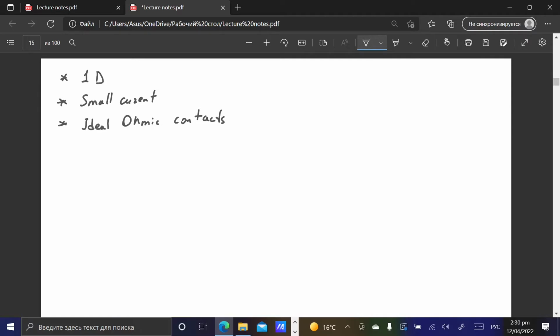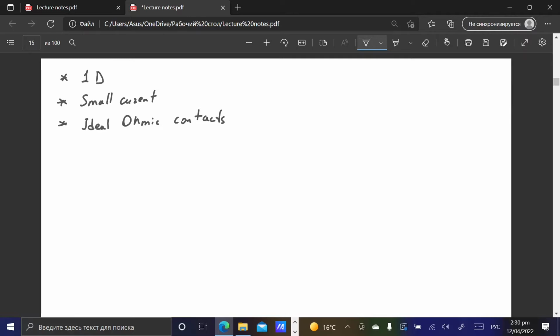We still need to consider that it possesses some electrical resistance. So, in order to have minimum impact of this electrical resistance on the distribution of the applied external bias, we need to consider that electric currents going through the p-n junction are not high.